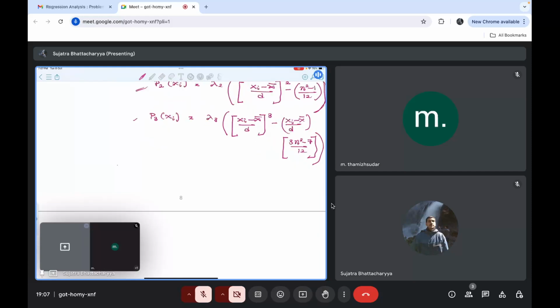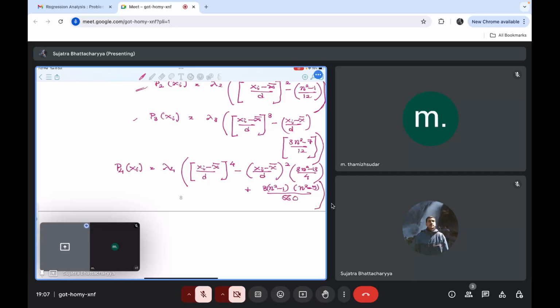Next is P4(xi). Still, I will write it. This is lambda 4 times the first term, which is quite similar to what we have seen, ((xi minus x bar) by d) to the power 4, minus ((xi minus x bar) by d) squared times (3n squared minus 13) by 14, and a last term, (3 n squared minus 1)(n squared minus 9) divided by 560.